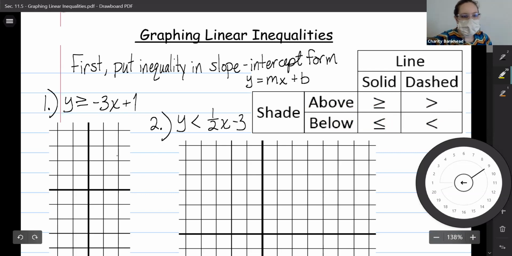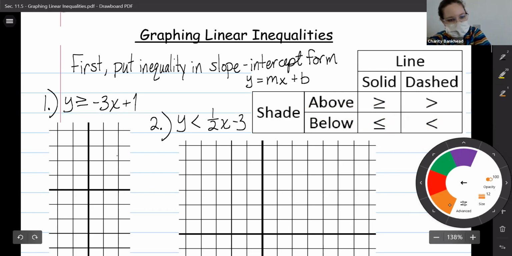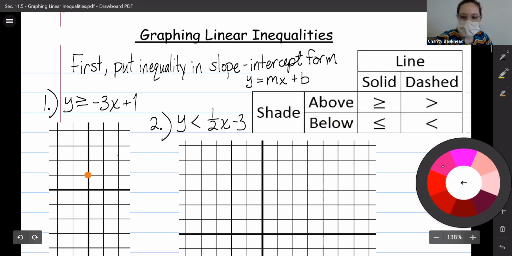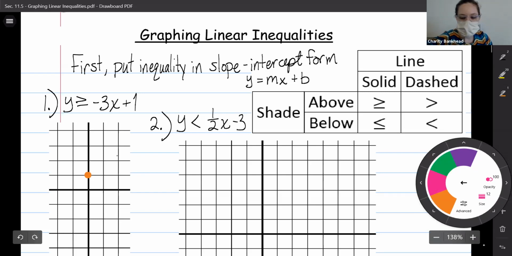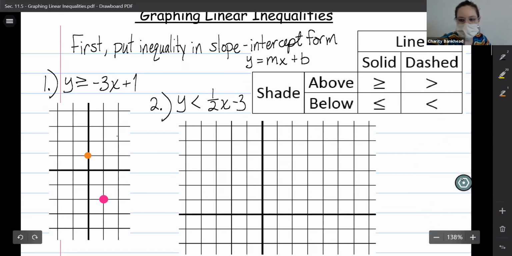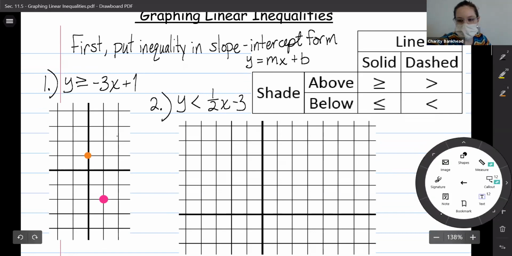So for number 1, I can see that the y-intercept is +1. So I'll plot that. And then the slope is -3. So from that point, I want to go down 3 and over 1. All right, and then I can draw the line. And this is going to be a solid line.